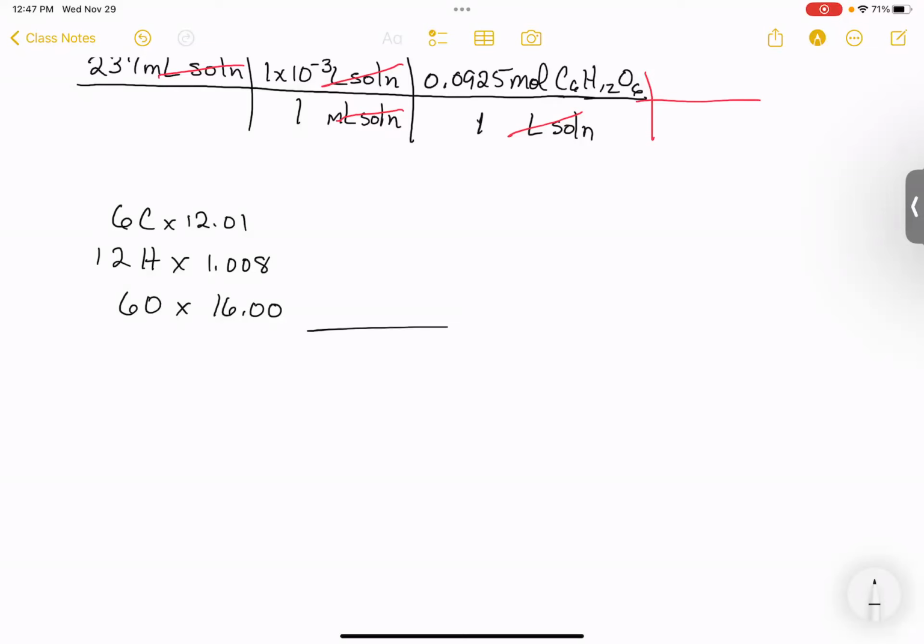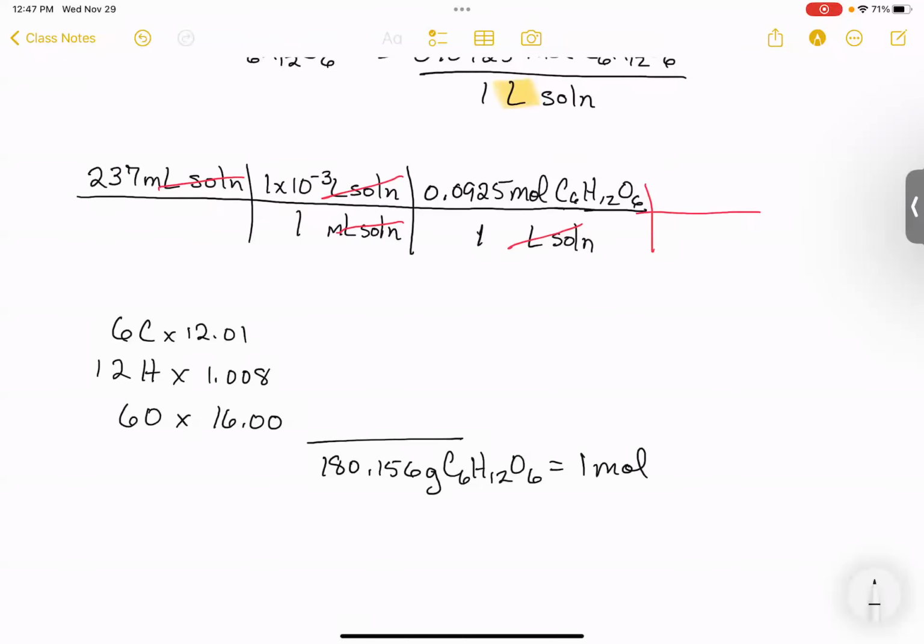Which comes out to give you 180.156 grams of C6H12O6 is equal to 1 mole. So I'm going to put that 1 mole in the denominator and put my grams in the numerator.